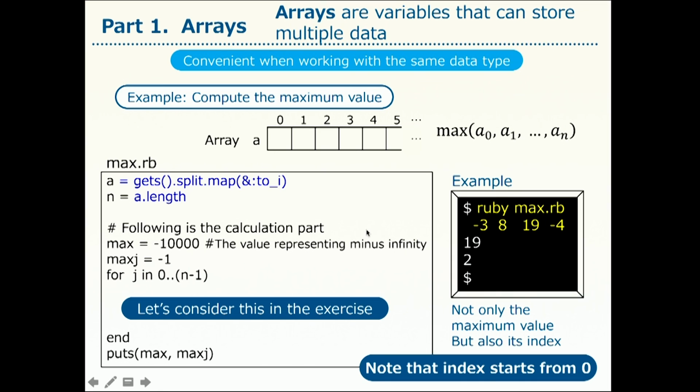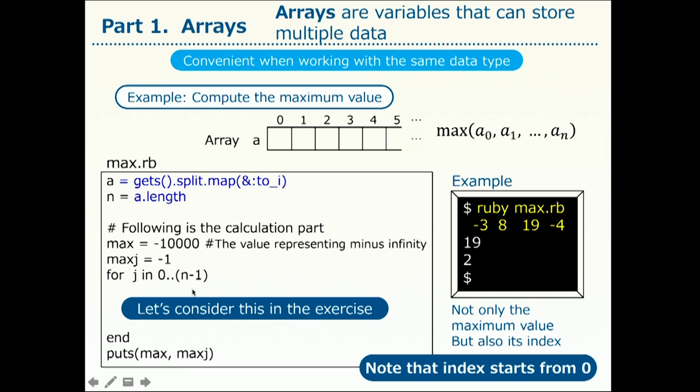As you can see, this for statement with j as an index represents the value of the index. As the value of j changes from 0 to n-1, this part is repeated, and the jth element of the array A is examined at each repeat.